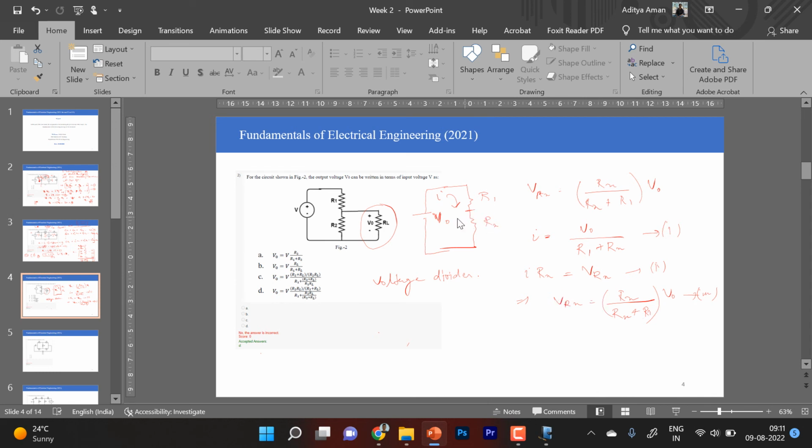And what is equation number three? It is the potential across the term Rx, right? But what is Rx? Rx is nothing but a parallel connection of R2 and RL, correct?